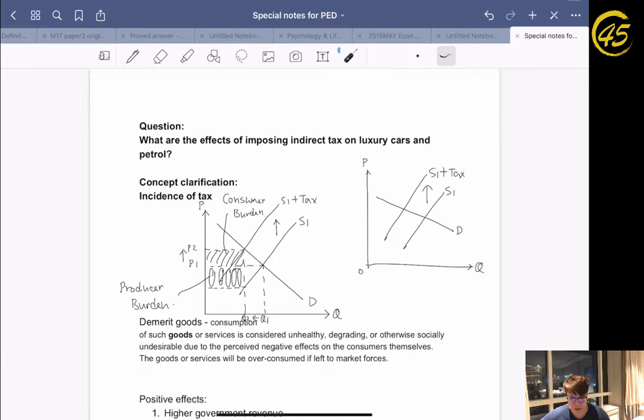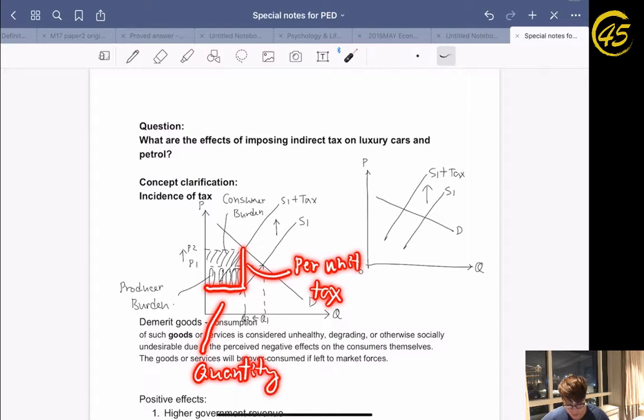Next, I link it with the y-axis. This part will be the per unit tax, and this part will be the quantity. If I draw a box here, it will be the government's total tax revenue.